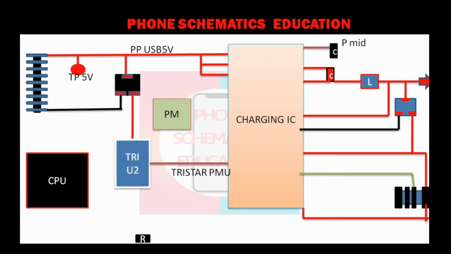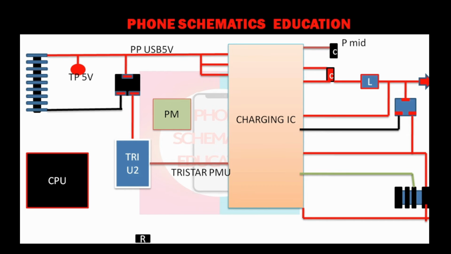Clear? Also in some phones another separate IC is installed, called gauge. In some phones this is inside the PMIC, the charging IC. In some phones there is a separate IC called gauge.